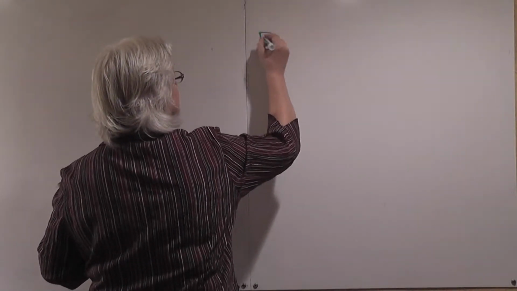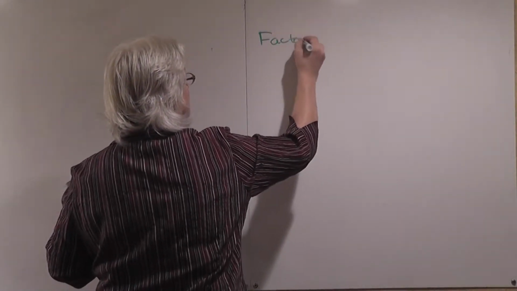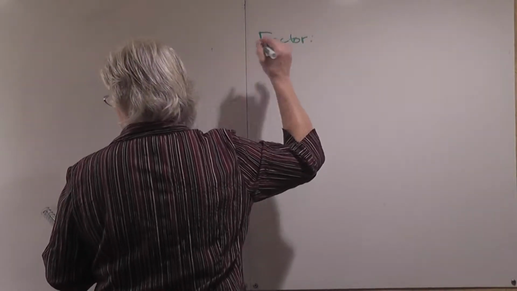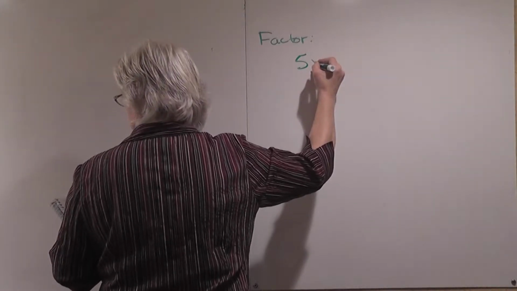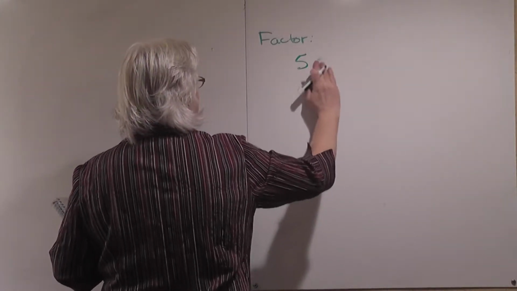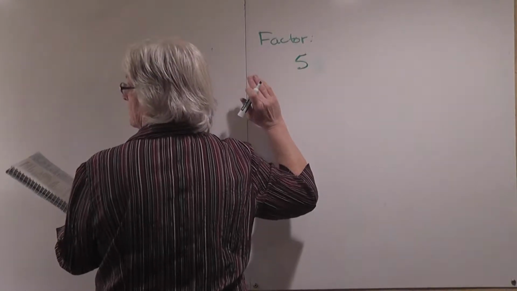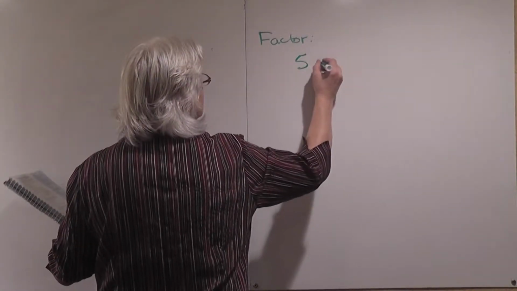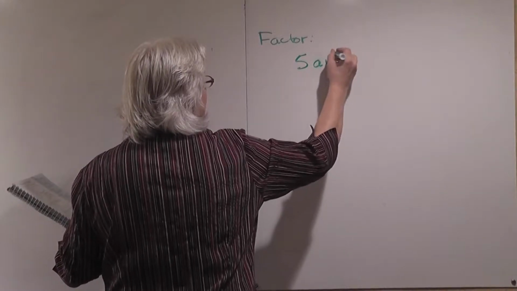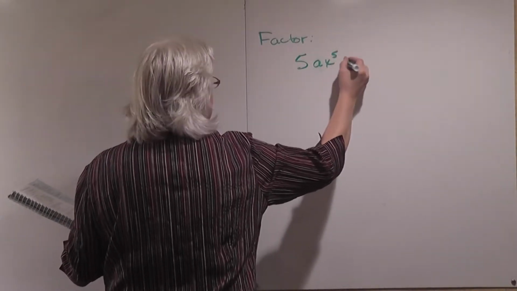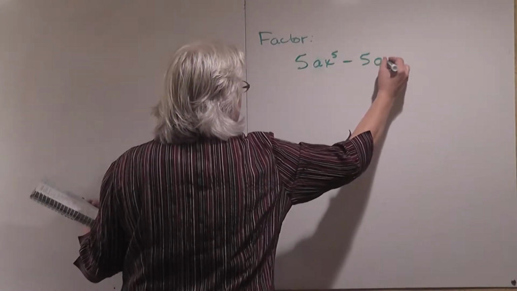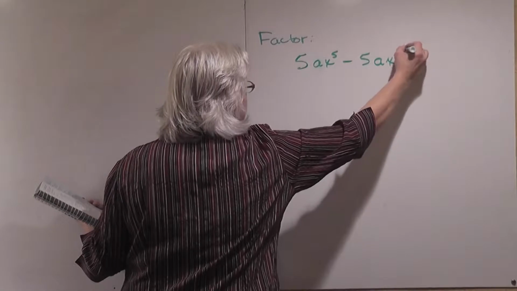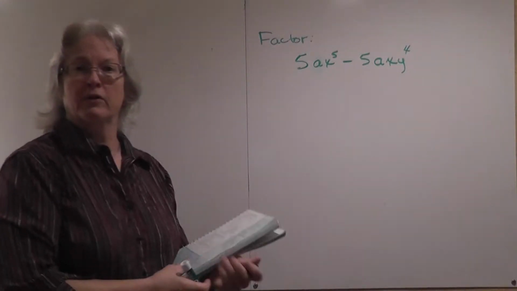And our instructions simply say factor. So we are going to factor the binomial expression 5ax to the fifth minus 5axy to the fourth.